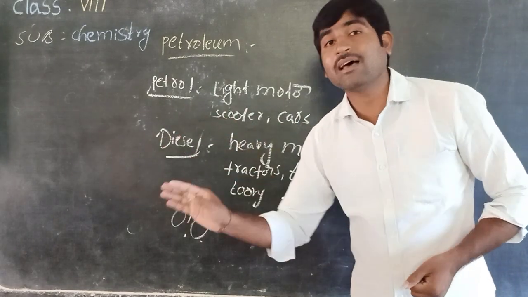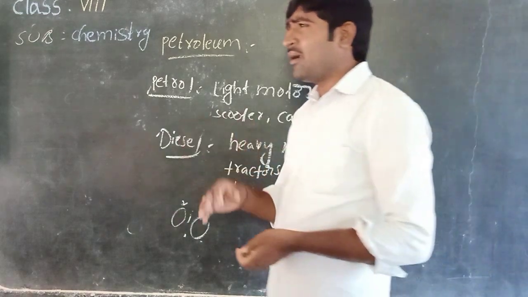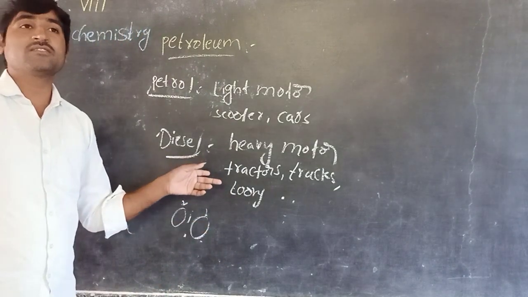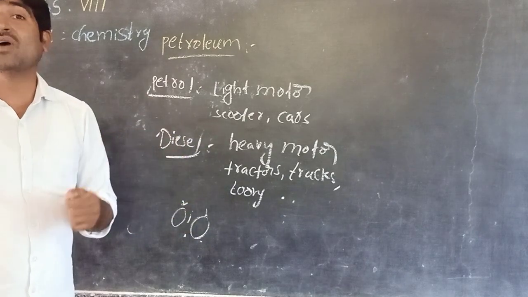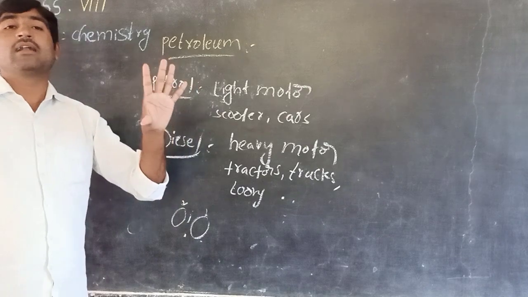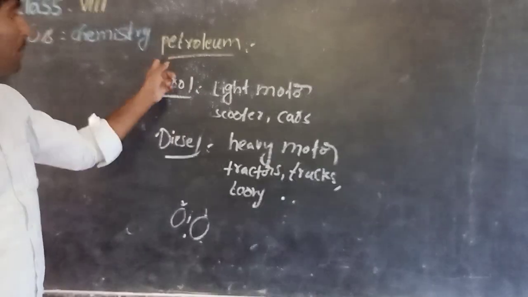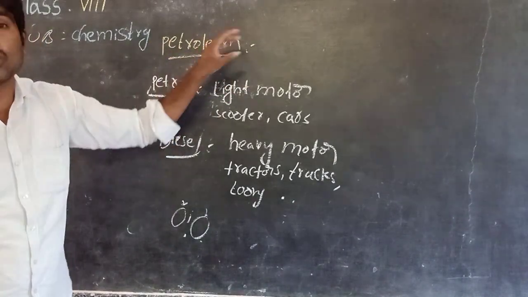Understood, children? At the deep earth crust, oxygen and air are absent and the temperature and pressure are high. Due to high temperature and pressure and in the absence of air, the dead living organisms are converted into petroleum.